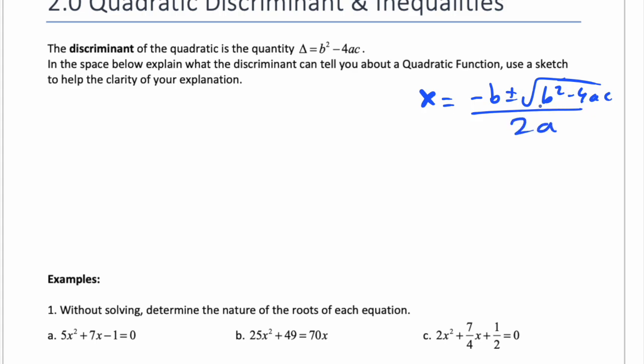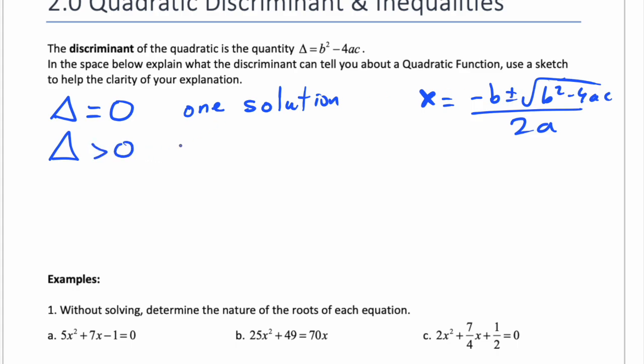Since this is plus or minus the square root, if b squared minus 4ac equals 0, then plus or minus 0 is the same thing, and you get one solution. If this number is positive, then you've got plus or minus a square root, so you get two solutions.